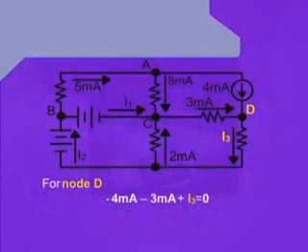This current is also approaching the node D, plus I3 equals 0. I3 we have kept as a positive quantity because it is leaving the node D.